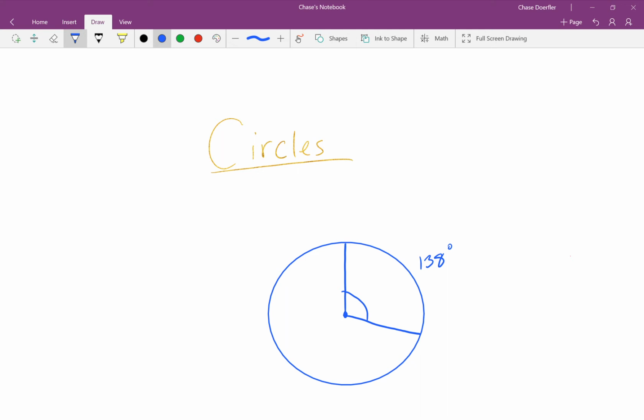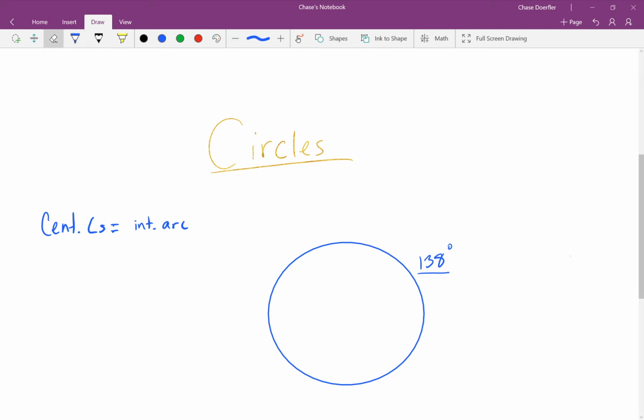And just to be clear, it's not to scale, we're just assuming. For central angles, it would be equal to the intersecting arc. So the central angle is equal to that intersecting arc. That would be the 138. So this angle would equal 138 degrees as well.